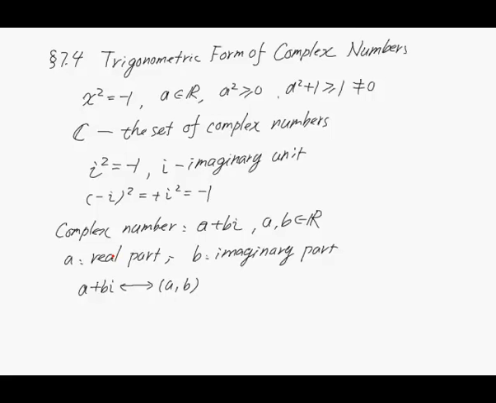So that means there is a one-to-one correspondence between the complex numbers and the ordered pairs.